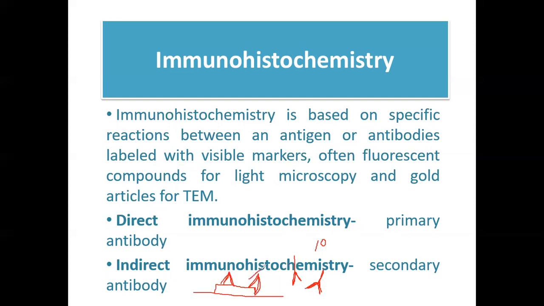So kahit mag-bind ngayon si antibody kay antigen, pwedeng hindi natin mabasa yung result. So ang gagawin natin, to intensify the result, we use a secondary antibody. So this one is the secondary antibody.